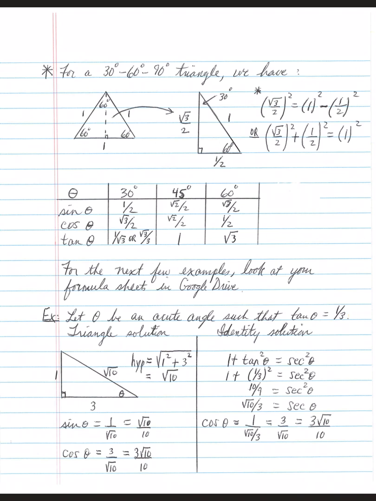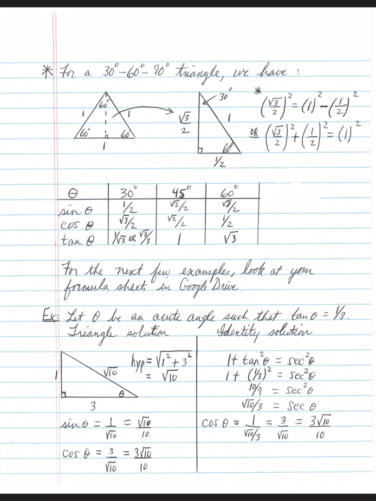Tangent was 1/3. 1 plus tangent squared, which is 1/3 squared, has to equal secant squared. Well, what's 1/3 times another 1/3? That's 1/9. Very good. 1 plus 1/9 is 10/9. That's equal to secant squared theta.